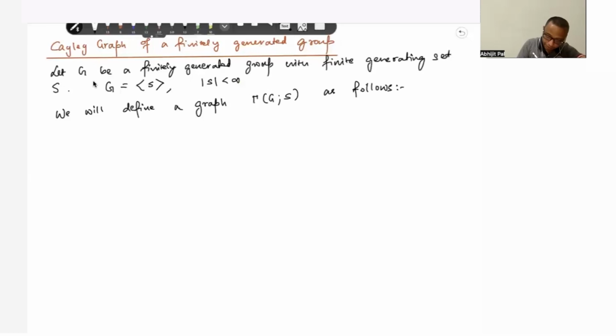So the vertex set of this graph is the whole group G. In order to define a graph, we should have a vertex set and an edge set.